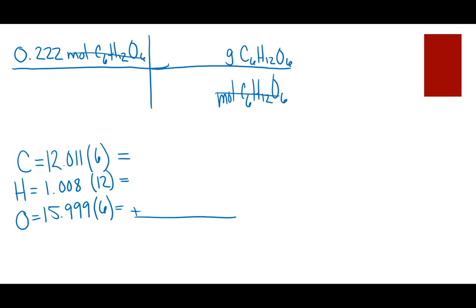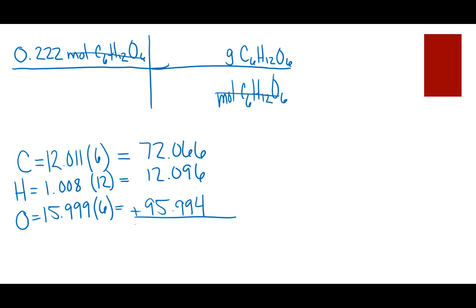12.011 times 6. 1.008 times 12. And 15.999 times 6. There we go. Now I'm going to simply add those together: 72.066 plus 12.096 plus 95.994.